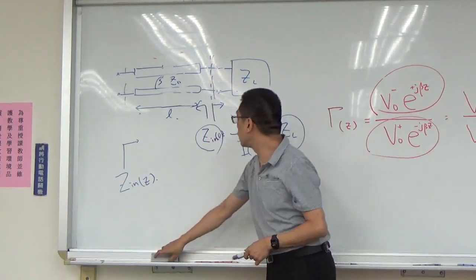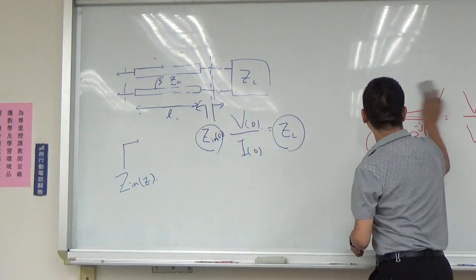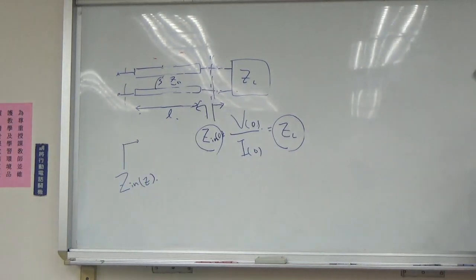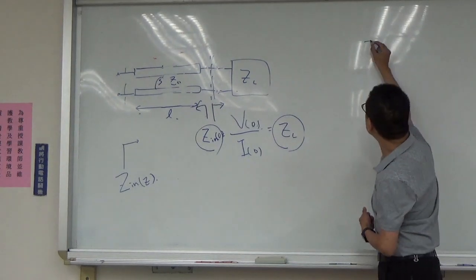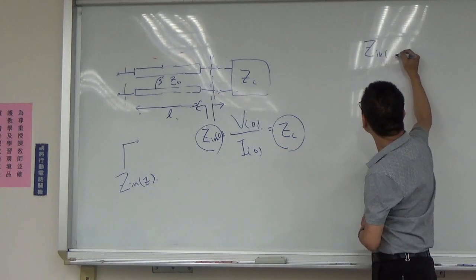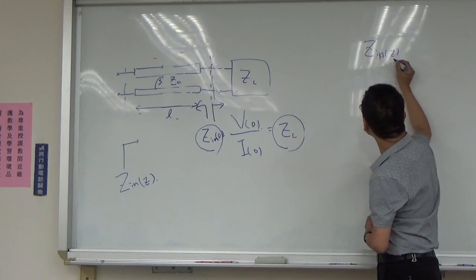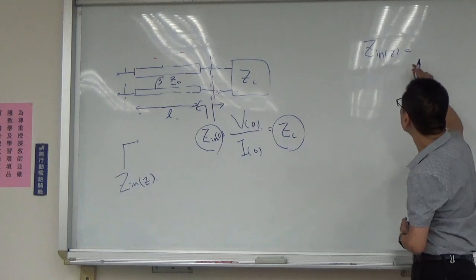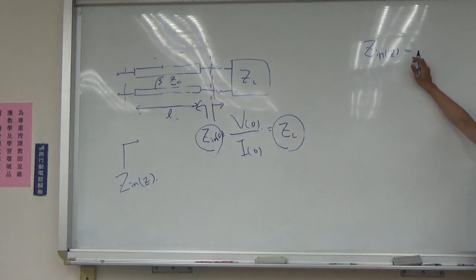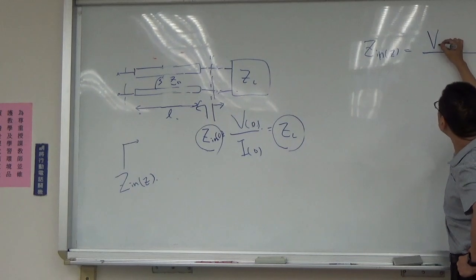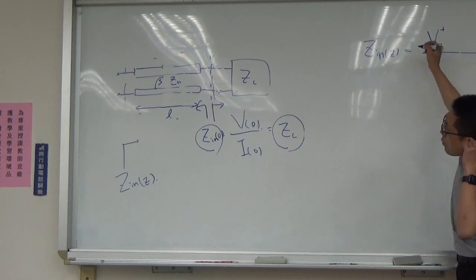So the result of your impedance Z in, the impedance equation, equals the total voltage over the total current. Let me just copy it.